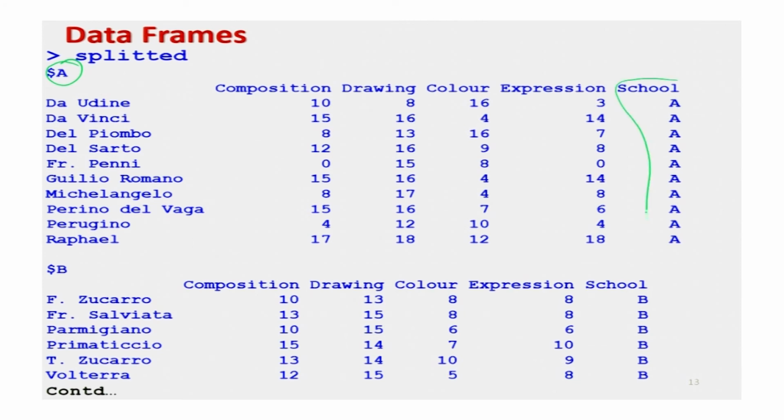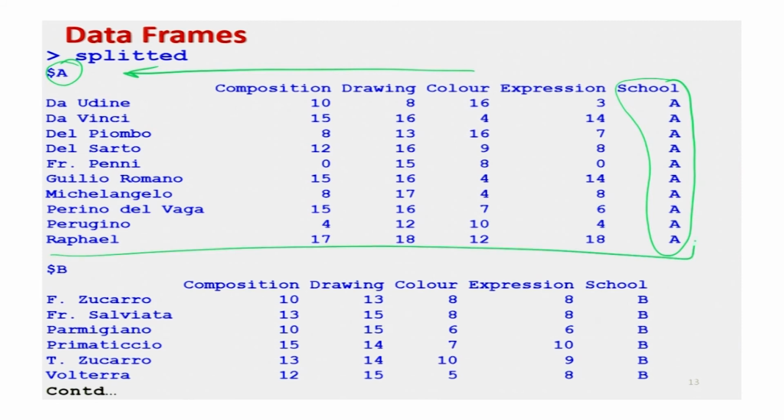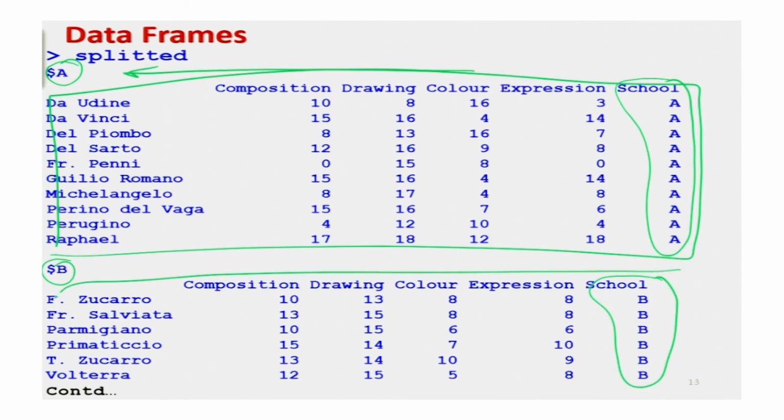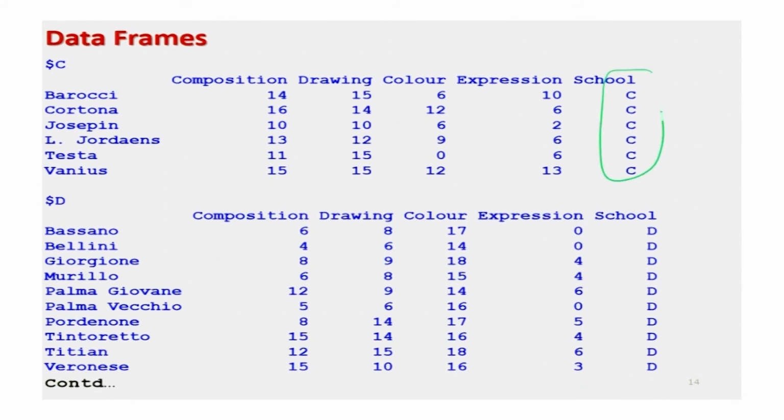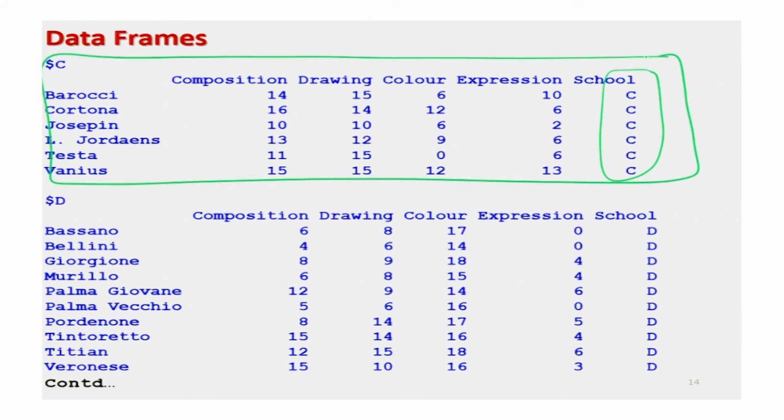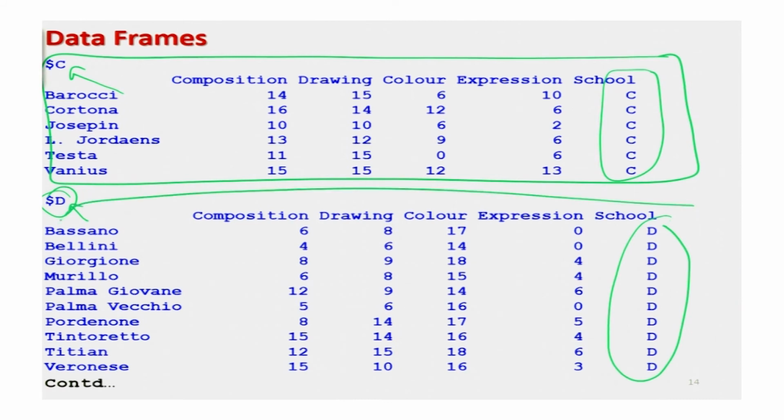In this case, all the schools with the value A are stored here, the entire data set corresponding to school A. After that comes $B, and whatever data corresponds to school B is stored like this. Similarly, this is school C, indicated by $C, and then we have $D with the entire data corresponding to school D.